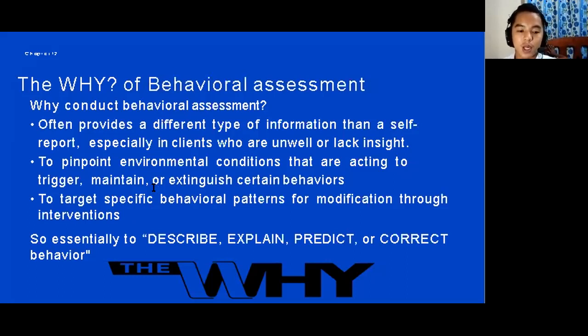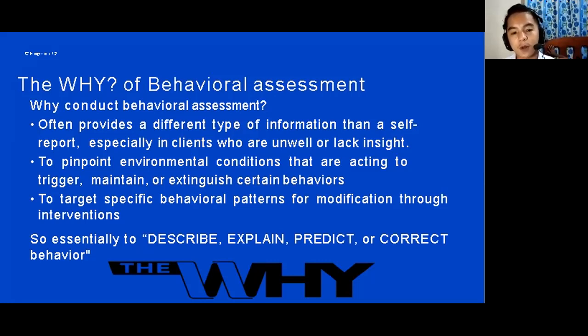So next is the main goal. The goal of behavioral assessment is to pinpoint environmental conditions that are acting to trigger, maintain, or extinguish certain behavior, and to target specific behavioral patterns for modification through intervention.